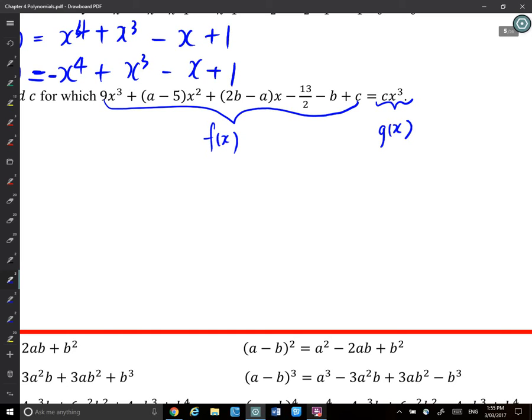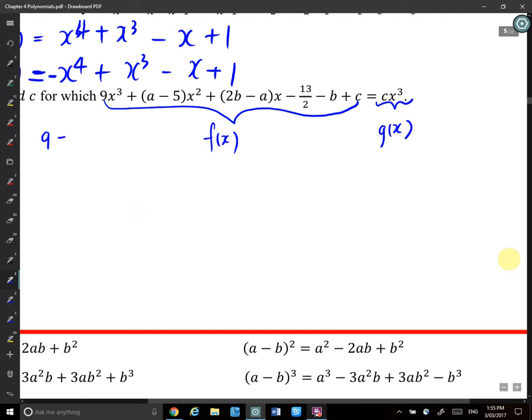If two polynomials want to be equal, all the coefficients of the particular terms must be the same. So the coefficient for the x term must be the same, the coefficient for the x squared term must be the same. So everything must be the same. So the coefficient 9 must be equal to c. Then a minus 5 must be equal to, what's the x term?